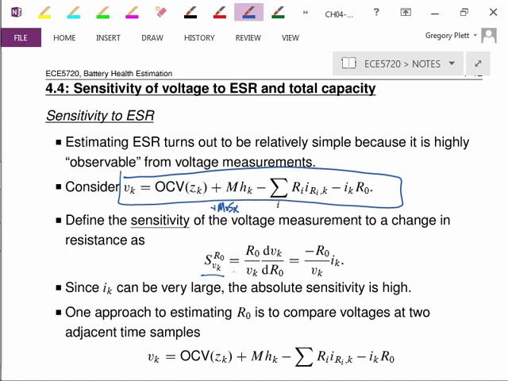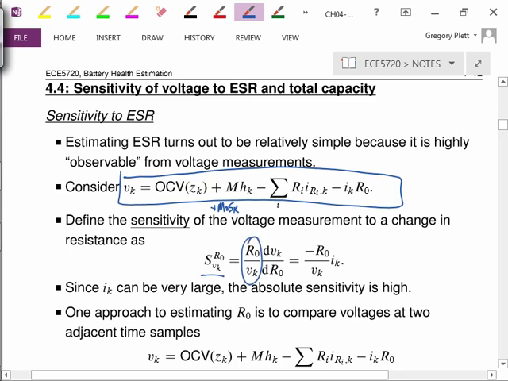If you do unit analysis on this, you find out that the sensitivity is unitless, and a small value means that there's very little sensitivity, that, for example, voltage is not changed very much when resistance is changed, and a large value indicates that there is a lot of sensitivity. And you could imagine that a large value of sensitivity is going to mean that something is more observable.